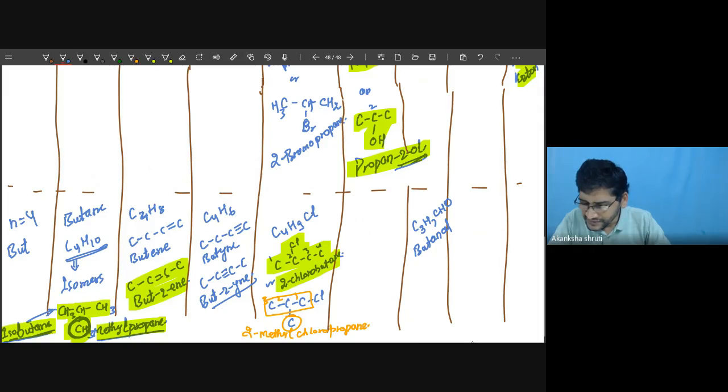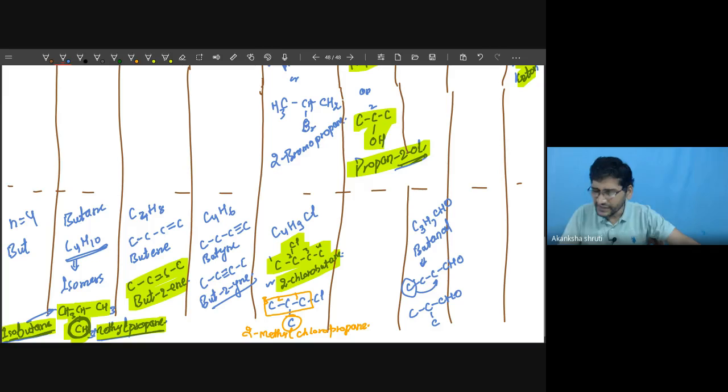Here, if you open this structure, it is like this one. So it is possible to shift it to this position. Now the structure becomes like this, CHO with this C here. In this case, it becomes 1, 2, 3. So it becomes 2-methylpropanal.